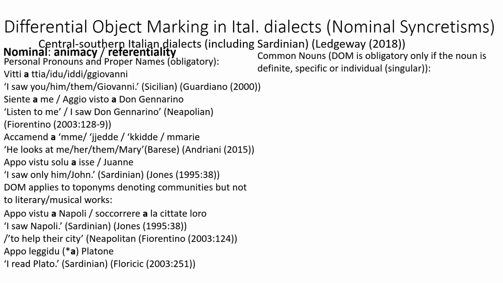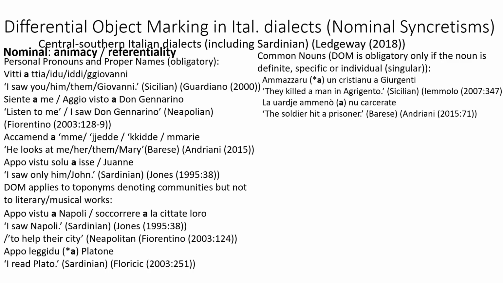In terms of common nouns, DOM is obligatory only if the noun is referential. So, for example, if it's definite or specific or individual in the sense of being singular. Otherwise, DOM is either optional or ungrammatical. So again, with indefinite nouns, amazzaru un cristiano. Okay, I have many Sicilian informants. In our field of linguistics, there are many Sicilian scholars.